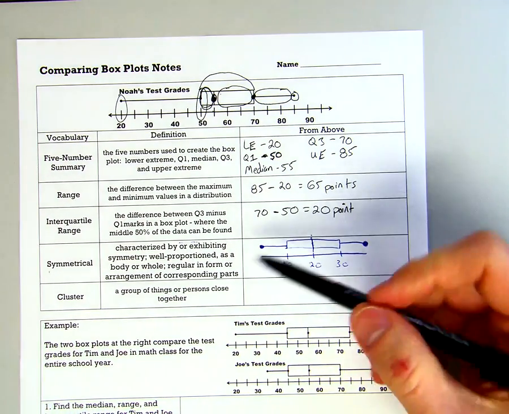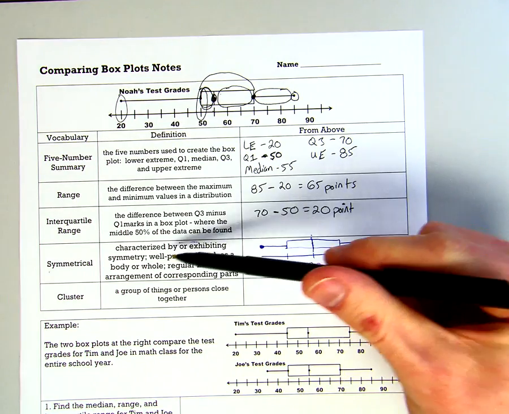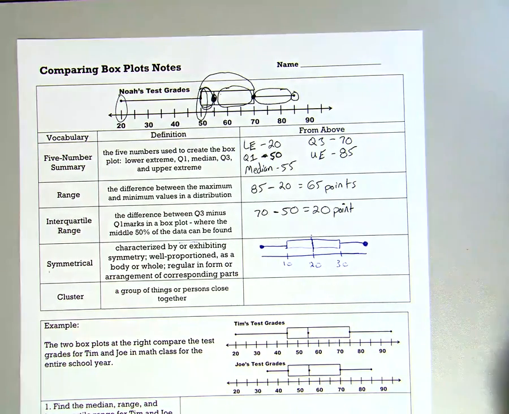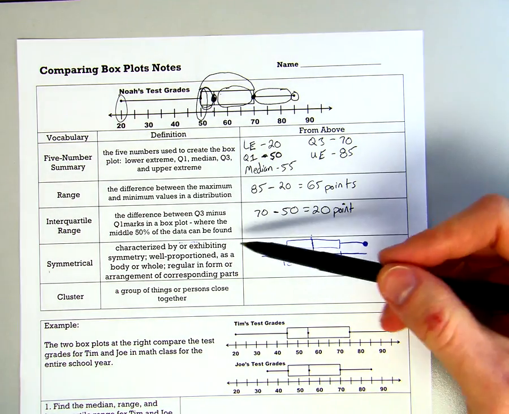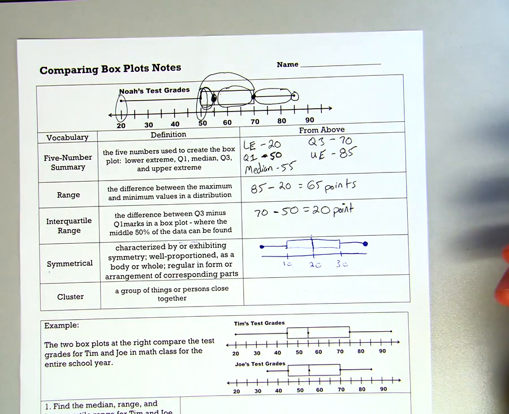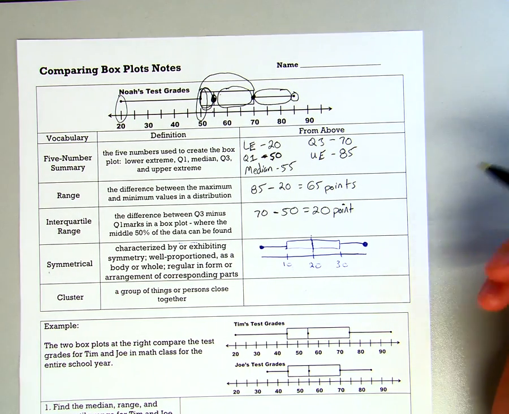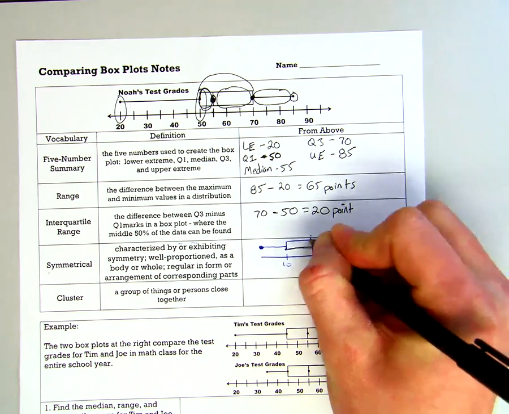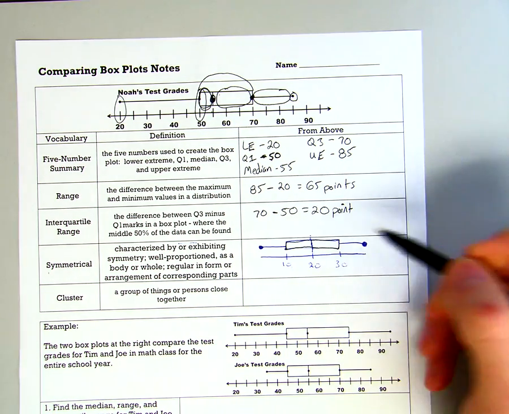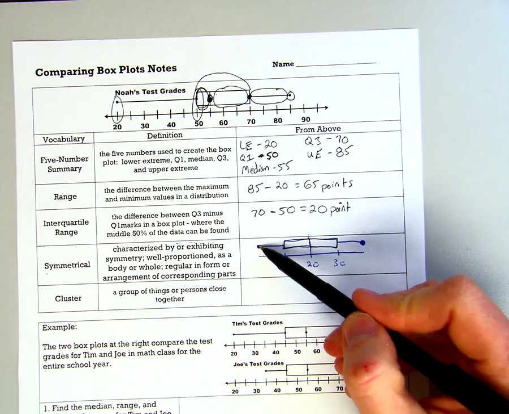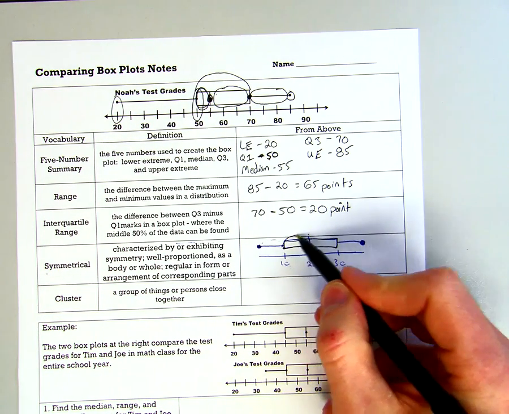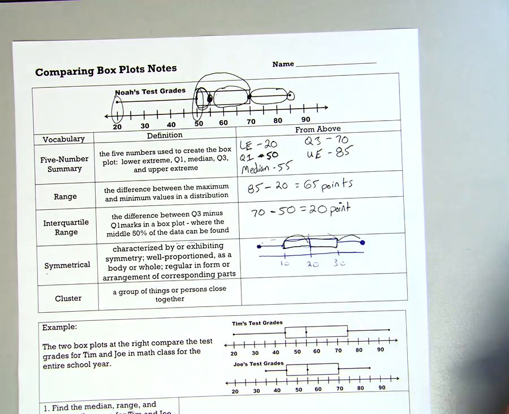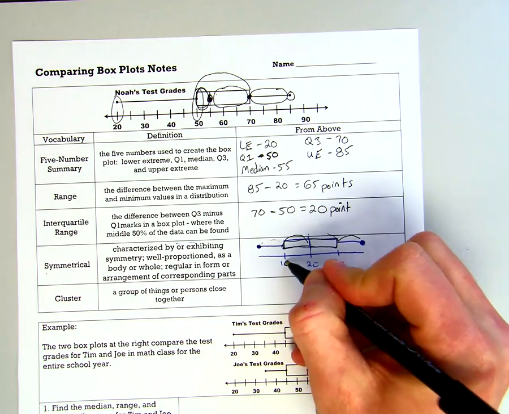Next one says symmetrical, characterized by or exhibiting symmetry. It's well proportioned as a body or a whole, regular in form or arrangement of corresponding parts. Basically, when we talk symmetrical, we're talking about all of the quartiles, all the ranges of 25%, all matching. This would be an example of a symmetrical box plot right here.